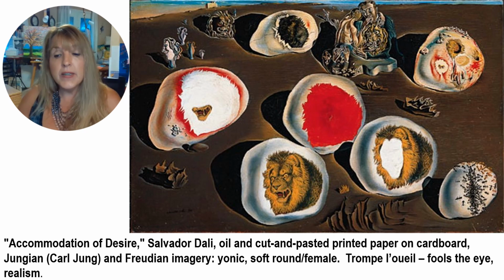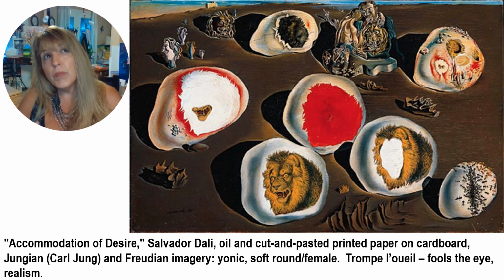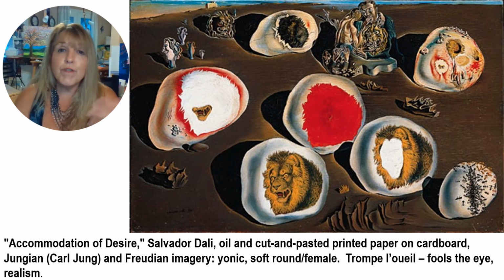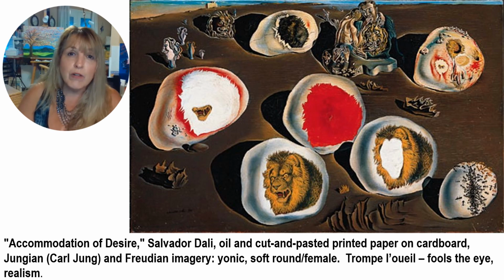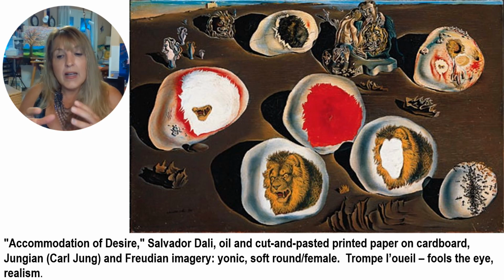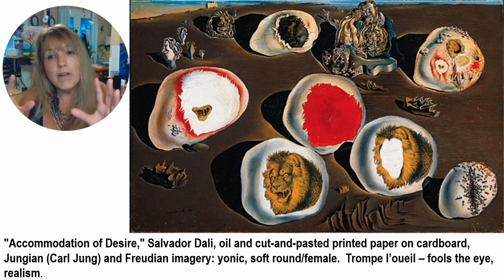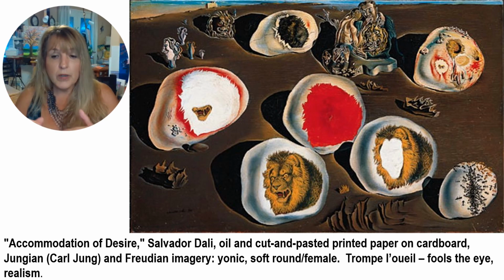And then in Jungian psychology, you'll also have the phallic, which of course is more male and sharp and rounded, cucumbers, that kind of thing. So he's taken this idea of the feminine with this particular work.